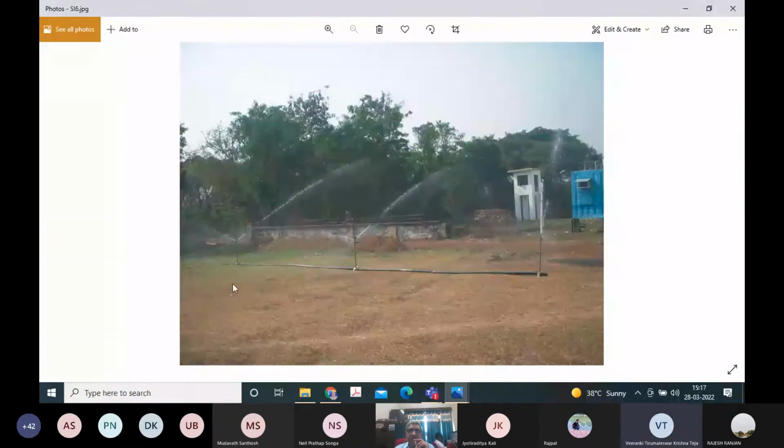We have made the grid, and then accordingly the data were collected. So this is one part of the thing. Let me see what else.